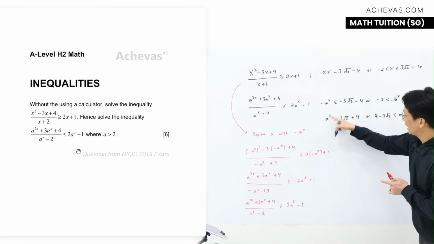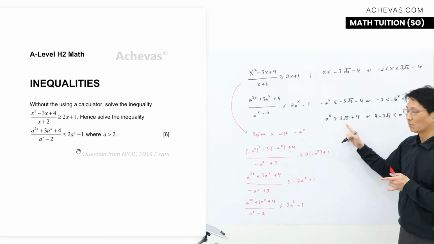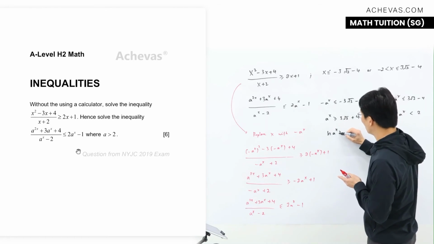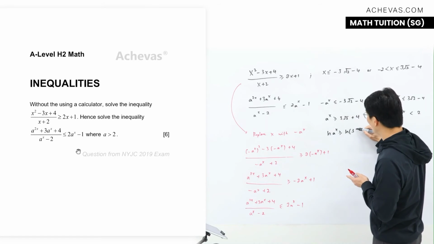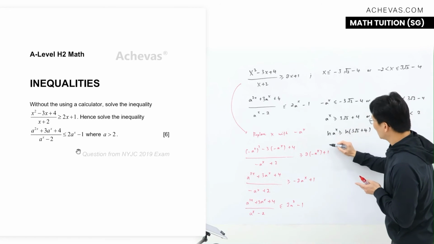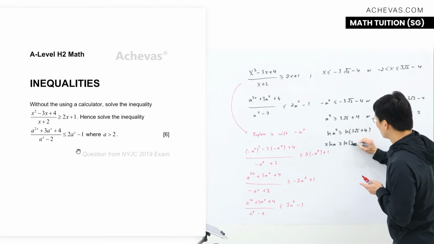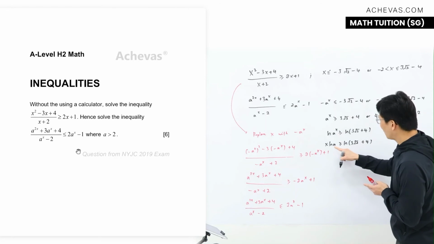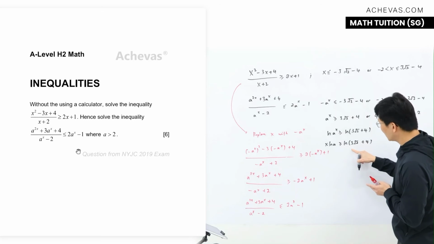For this particular case, we can just take ln on both sides. Taking ln, I'll get ln a to the power x greater or equal to ln bracket 3 root 2 plus 4. And I can bring down the x here, x ln a greater or equal to ln 3 root 2 plus 4. And I'm going to divide this over to the right hand side.